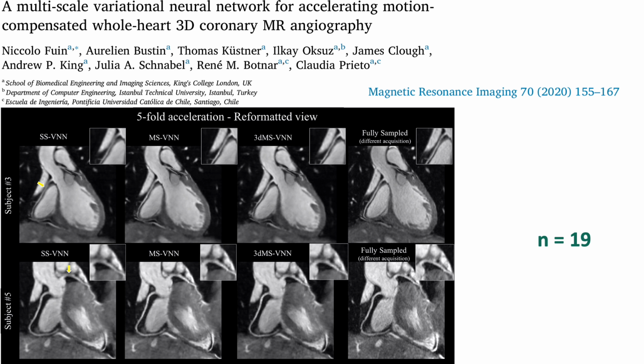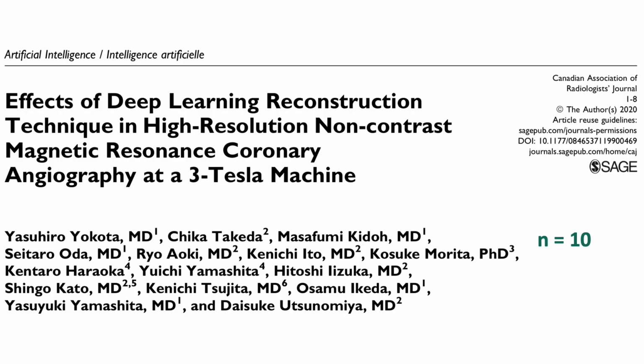And a couple of studies looking at coronary MR angiography, here various model configurations looking at improving the speed and the image quality that resulted with reconstructions done with neural networks. And then a small study looking at non-contrast coronary MRA and deep learning reconstruction for that.